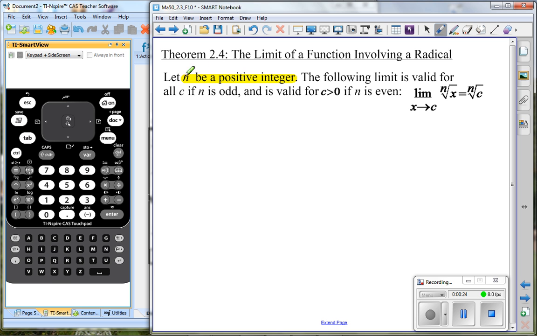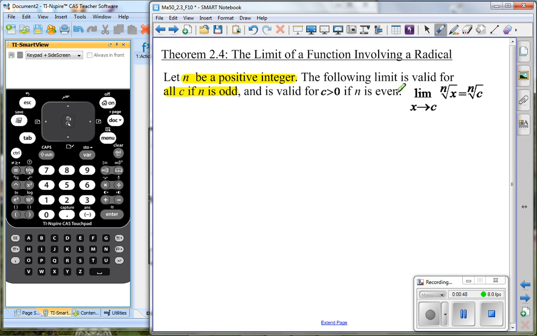The following limit is valid for all c if n is odd, but if n is even, it's only valid for the value of c greater than 0. Now let's look at that. If n is odd, then the limit is valid for all values of c.